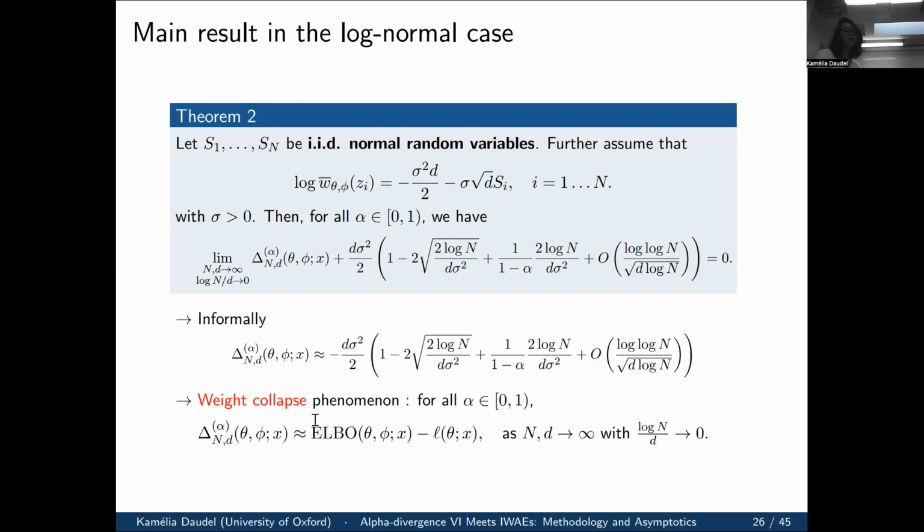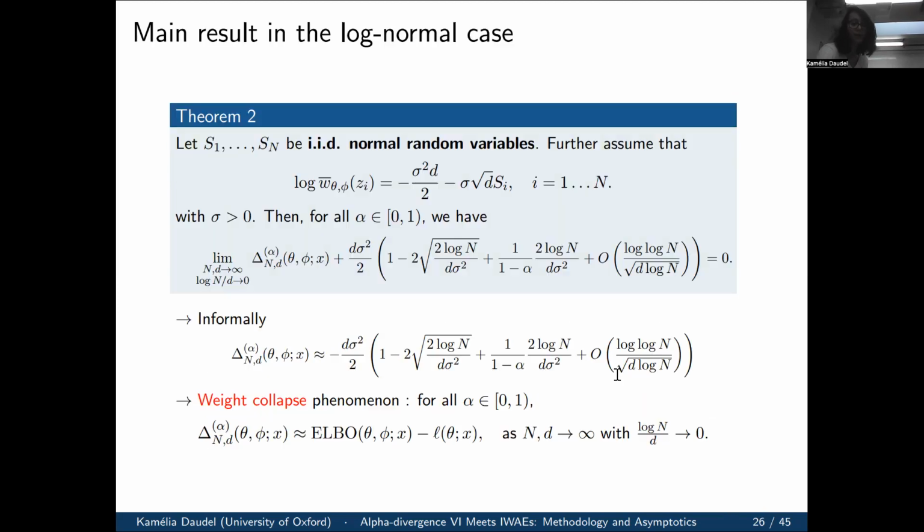Working with the variational gap is the same as working with the evidence lower bound, as long as you are under these conditions. So what is this condition saying? It says that if you hope to not have this weight collapse phenomenon, you need at least n which grows exponentially with d. This is not very good news because you need an incredible budget to not be in those conditions. All right.